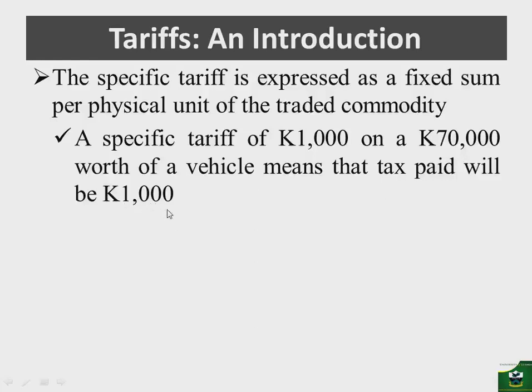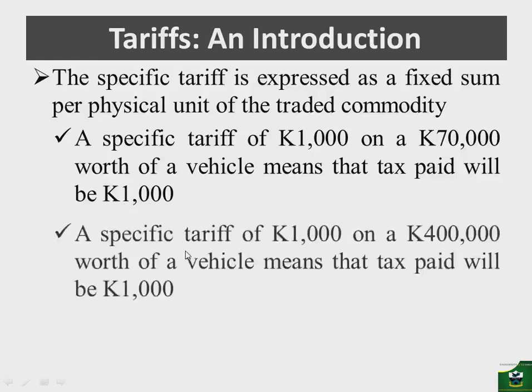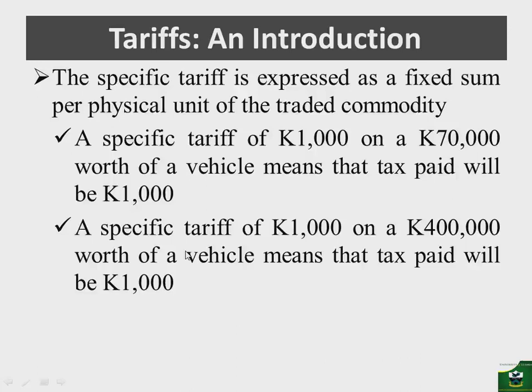In another example, suppose a specific tariff of 1,000 kwacha is placed on a 400,000 kwacha vehicle. The total tariff paid will be 1,000 kwacha because the tax is fixed, so the total amount paid will be 401,000 kwacha.